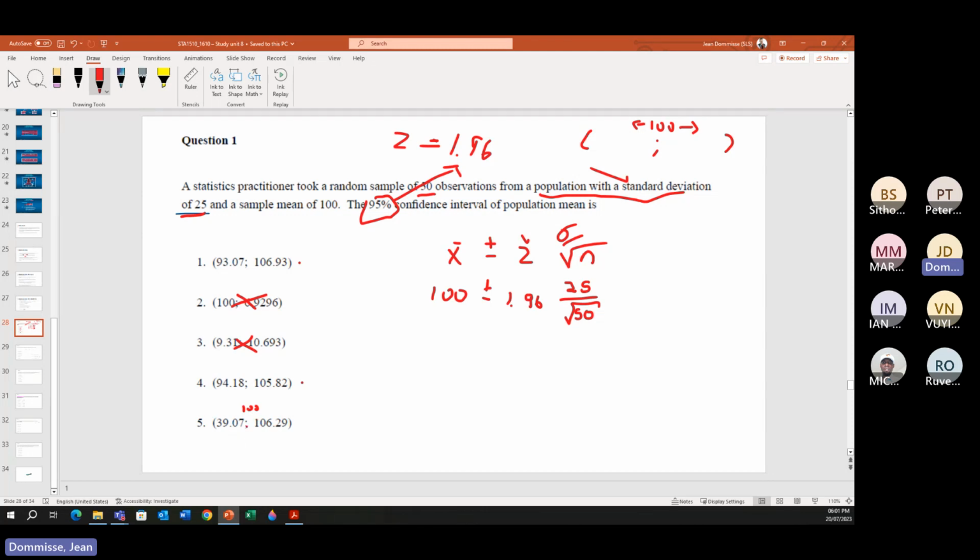So that 100 would not be in the middle. So that one I can also cancel out. So by just merely looking at a simple way of putting my 100 in the middle, because whatever I'm going to add and subtract is going to be on both sides, I actually just got two now to worry about.